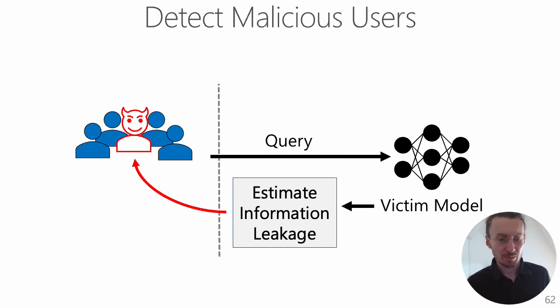For supervised models, we can easily estimate information leakage, for example, by computing the entropy on the softmax outputs or using methods from differential privacy. However, in the case of encoders, which return high-dimensional vectors, doing that is non-trivial.